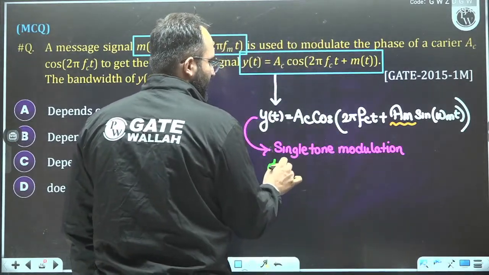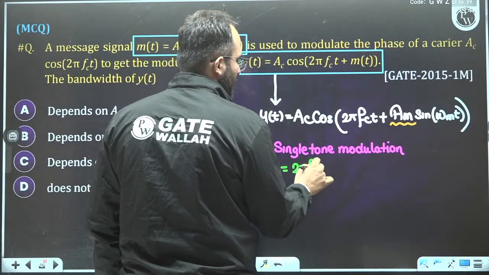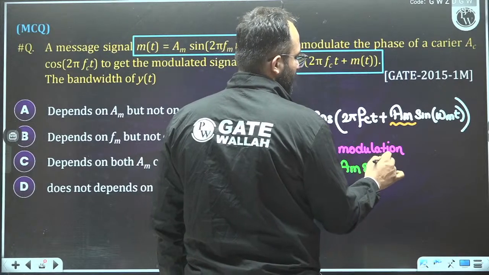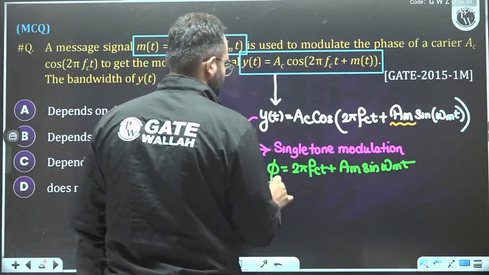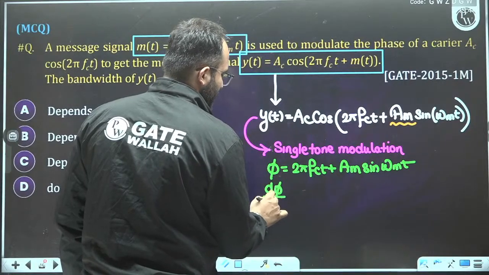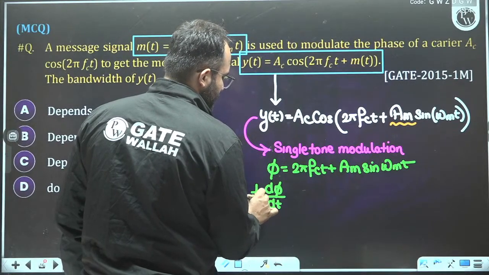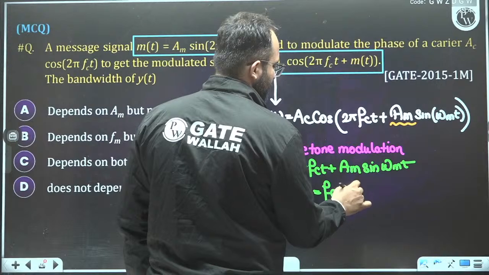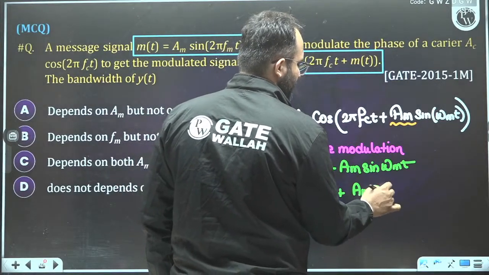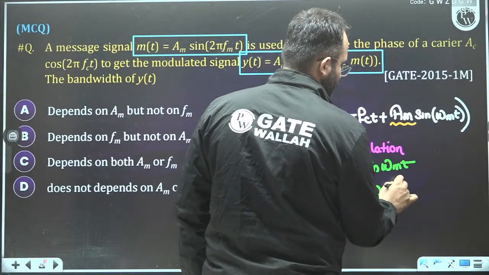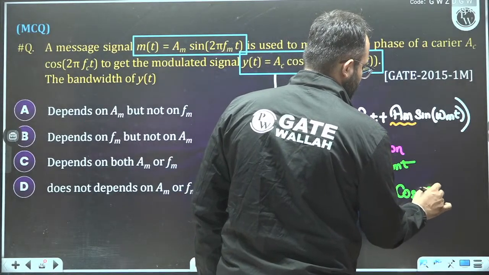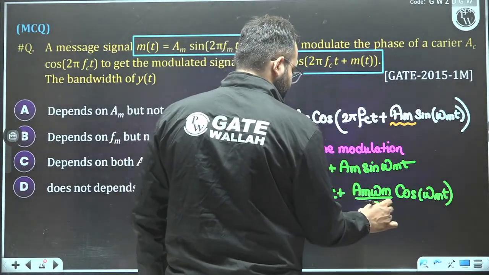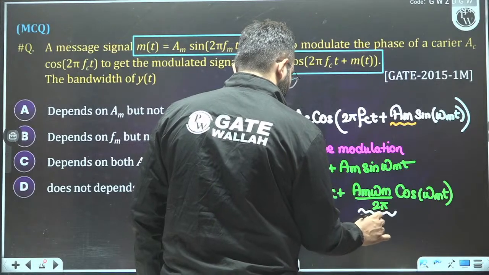We can say that phi is 2 pi fc t plus Am sine of omega m t. Now d phi by dt divided by 2 pi gives the instantaneous frequency, that is fc plus Am omega m upon 2 pi cos of omega m t. So here we can see that this will be your delta f.